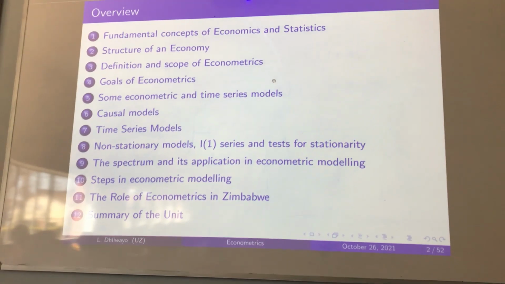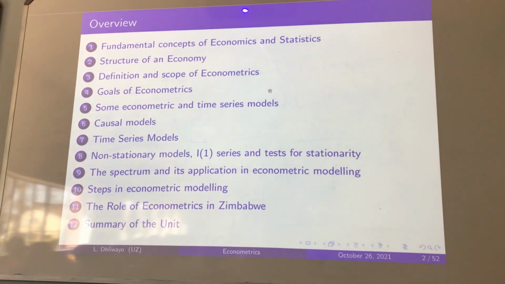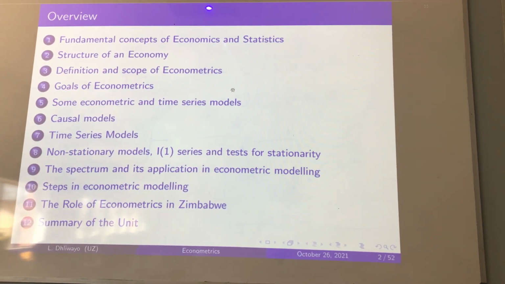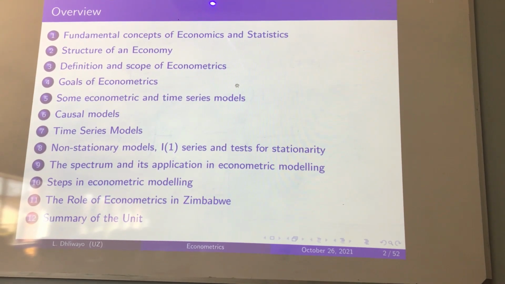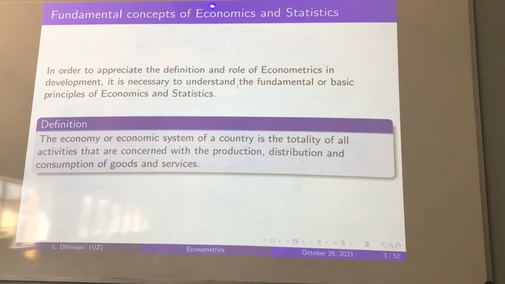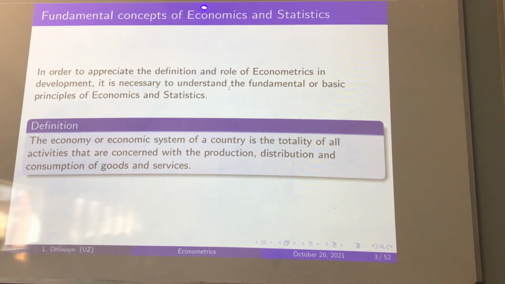Then the spectrum and its application in econometric modeling. Then steps in econometric modeling. Then the role of econometrics in Zimbabwe. Then we end by summarizing the unit. Those are simple and basic things. Let's start with the first one, the concept of economics and statistics.